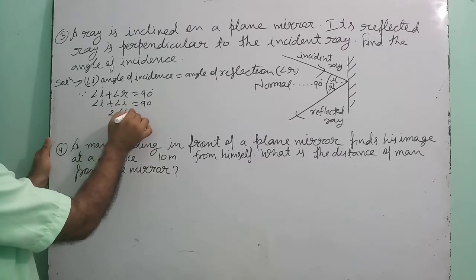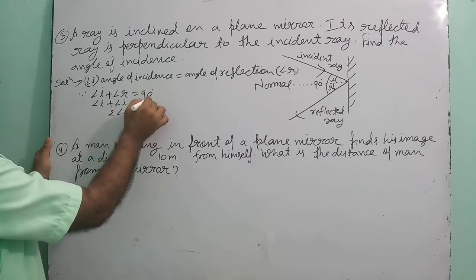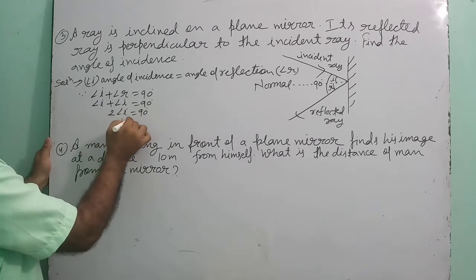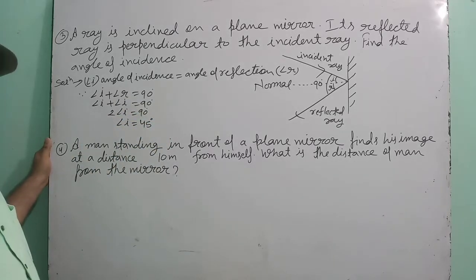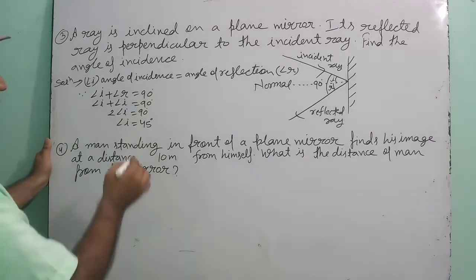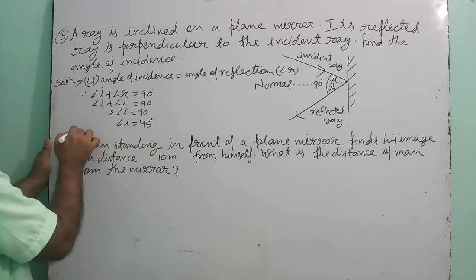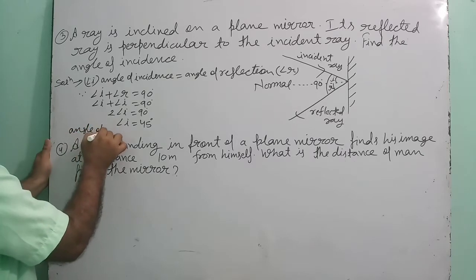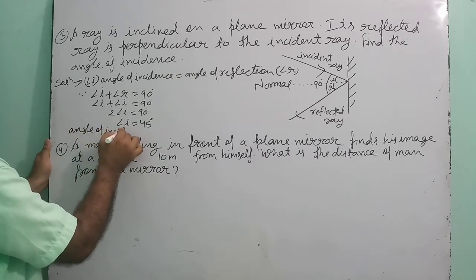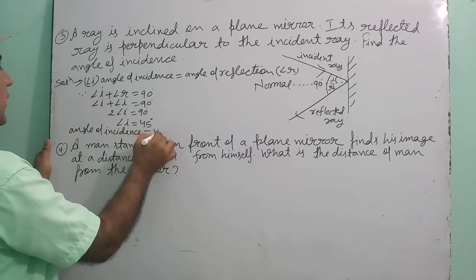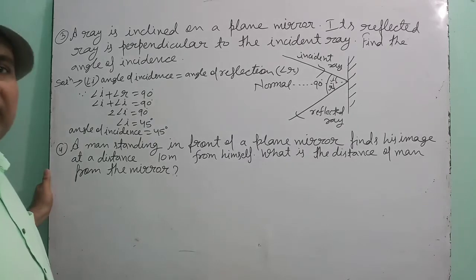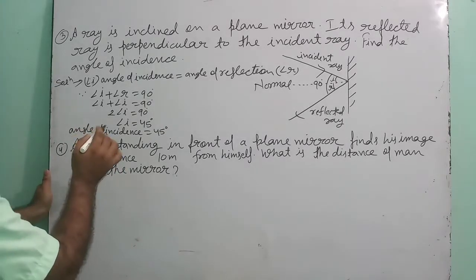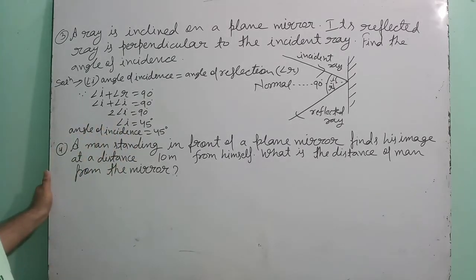Now 2 times angle I is equal to 90 degree, that means angle I is equal to 45 degree. Is this clear? That means the angle of incidence is equal to 45 degree. If you are asked the angle of reflection, then the angle of reflection is also 45 degree.